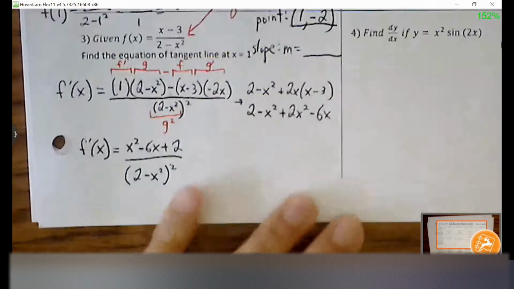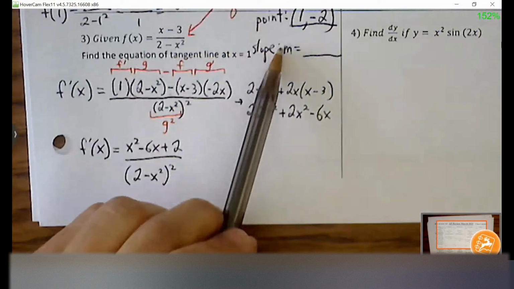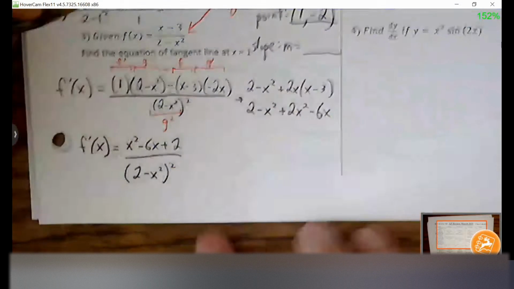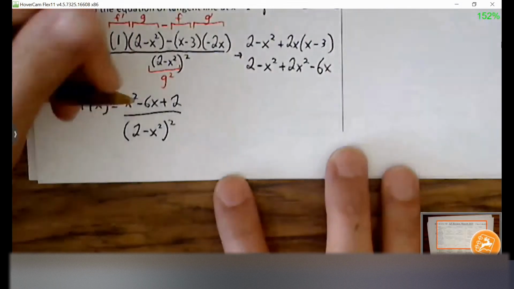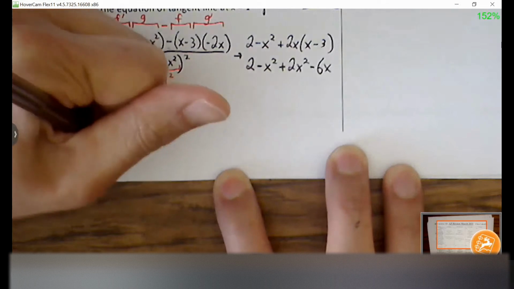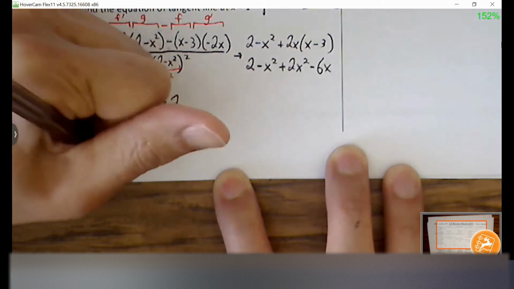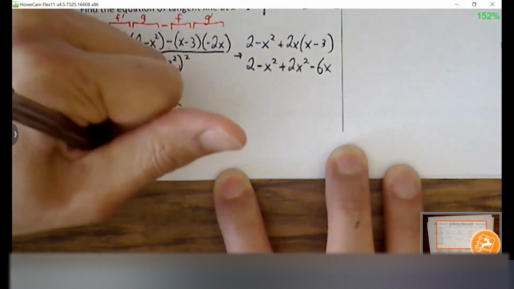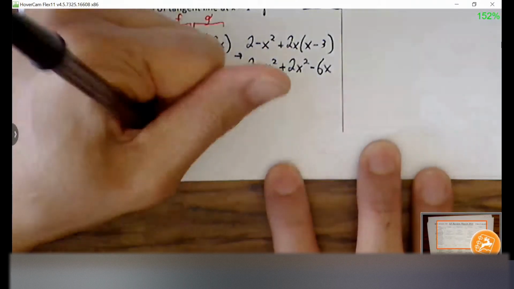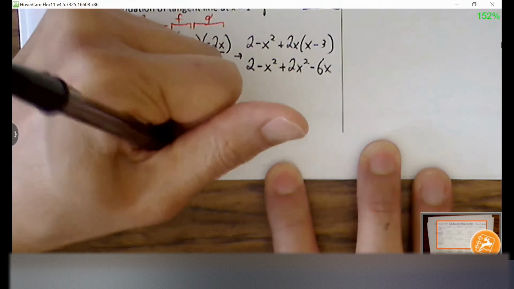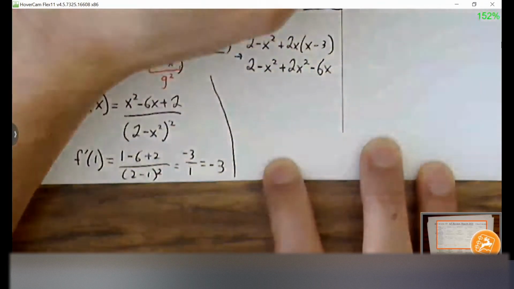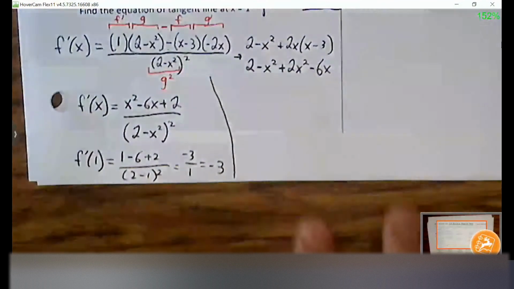And now I'm just going to find the slope. Find f prime of 1. So negative 5 plus 2 is negative 3 over 1, which is negative 3. Okay, so there's my slope.